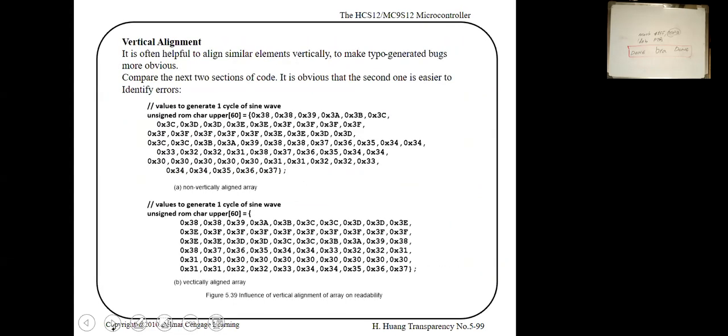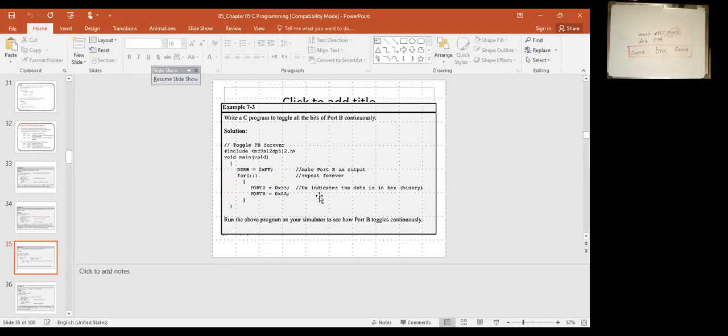So please go through these examples. You don't have to cover them all, but try to read them. Try to write the program before you look at the solution of the example.